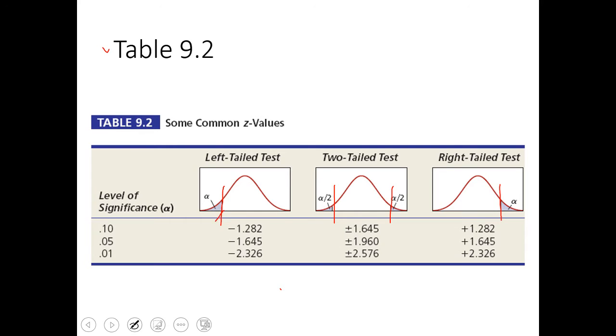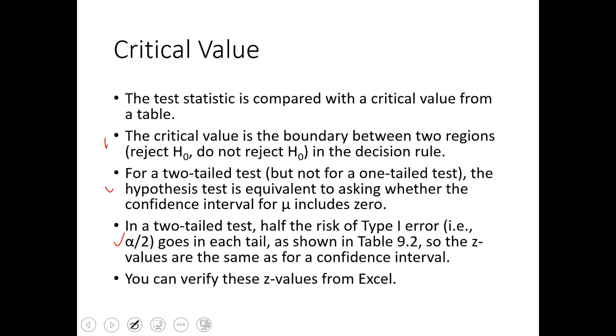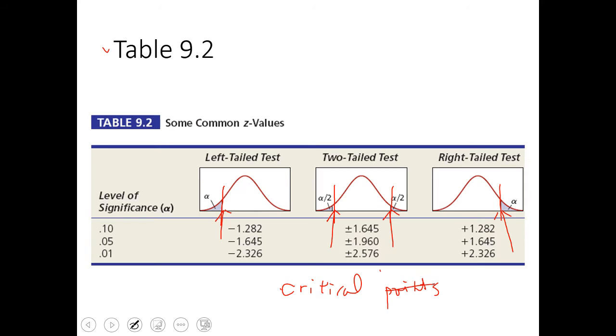We say that these values are critical points, or critical values. These critical values differ by the level of significance and the type of test: left-tailed test, two-tailed test, right-tailed test.